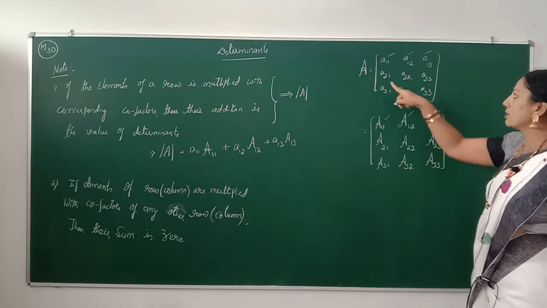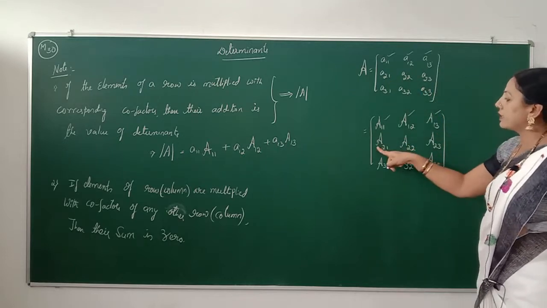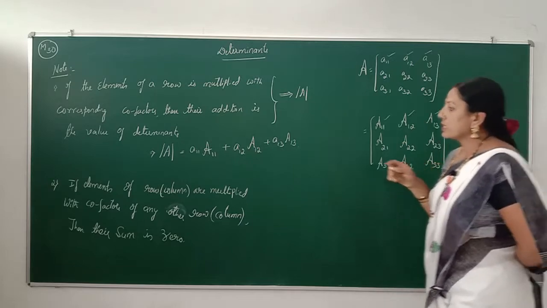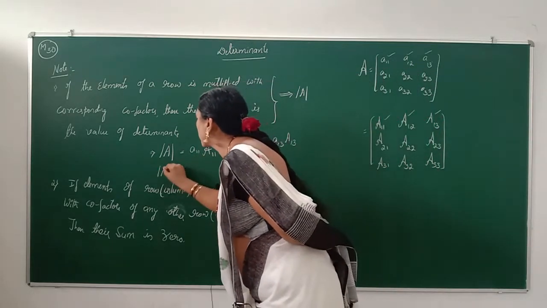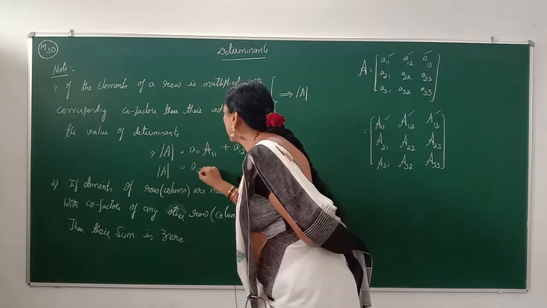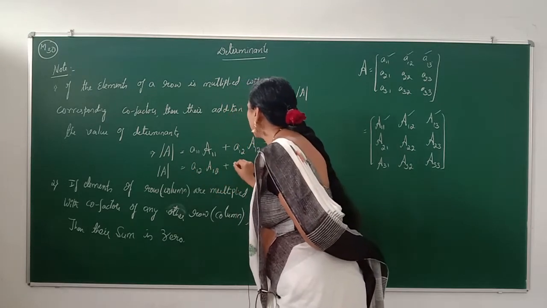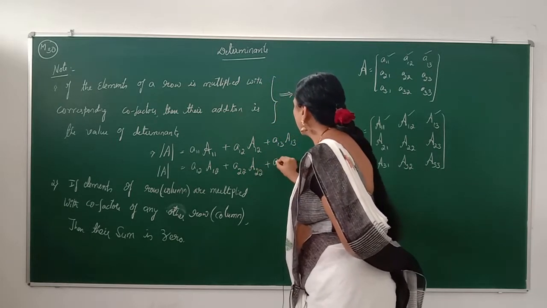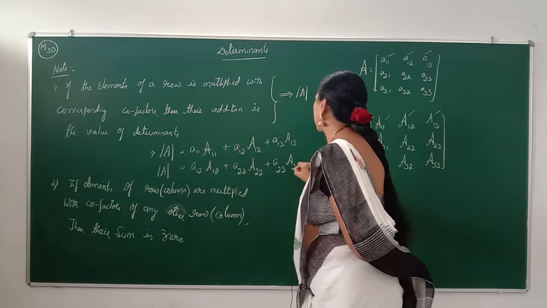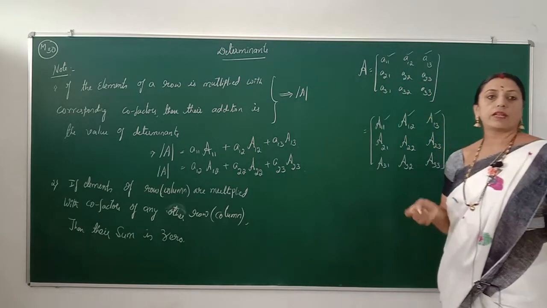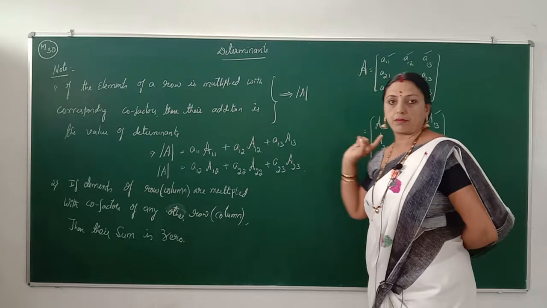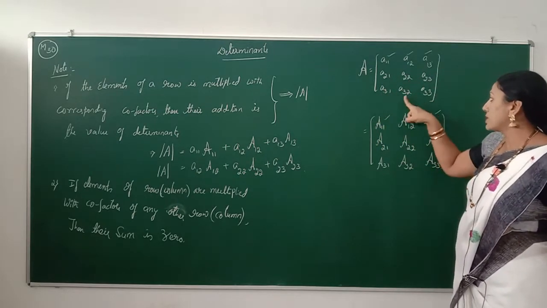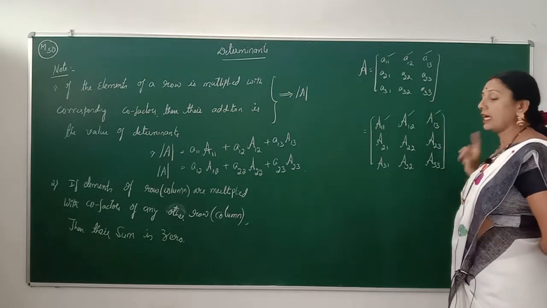Similarly, it can also be written as the product of the elements of the second row with their corresponding cofactors, that is another expansion: a21 A21 plus a22 A22 plus a23 A23. That is also one of the expansions of the determinant. Similarly, for the third row: a31 A31 plus a32 A32 plus a33 A33.